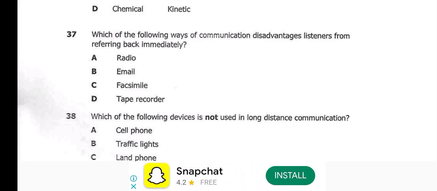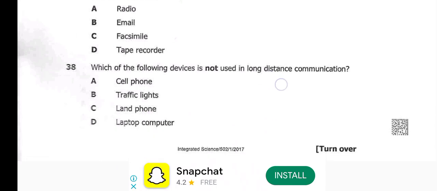Email, good. Tape recorder, no. Fax mail, where you just have to write in the form of a letter, can it be sent back easily? The tape recorder is very difficult to send the information back easily. Fax mail was the better answer, but the best answer is tape recorder.